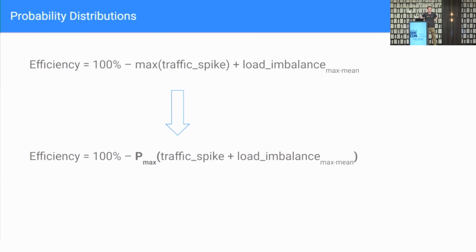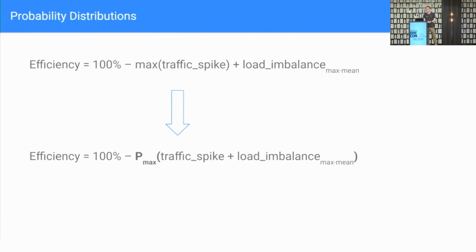Now I'm going to change the formula slightly. Your traffic patterns are going to vary over time, and so will your load imbalance, which means that both of these things can be modeled as a probability distribution. The chance of encountering the worst case traffic spike and the worst case load balancing at the same time, that's probably quite unlikely.